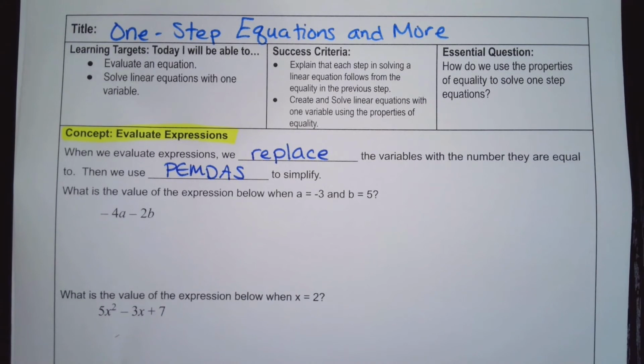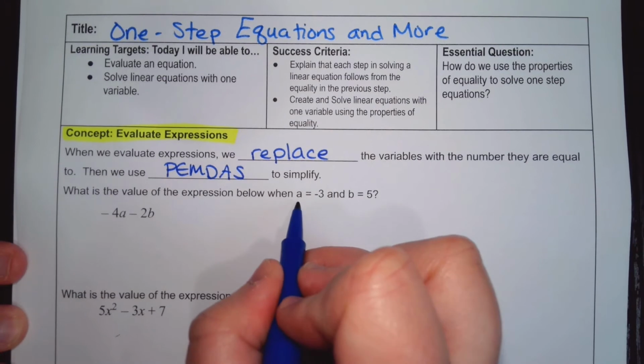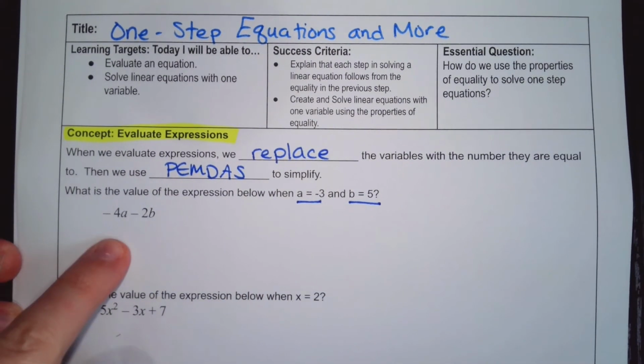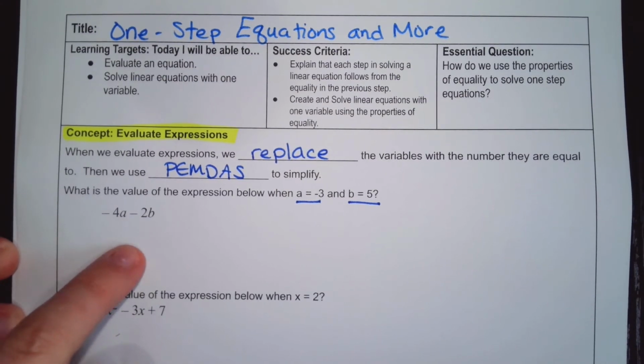So our first question is, what is the value of the expression below when a is equal to negative 3 and b is equal to 5?